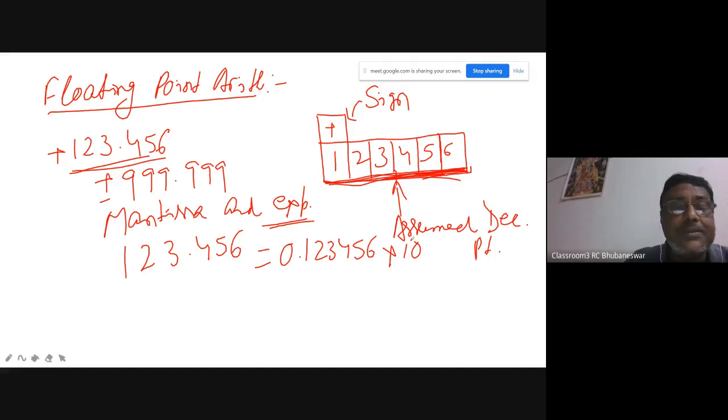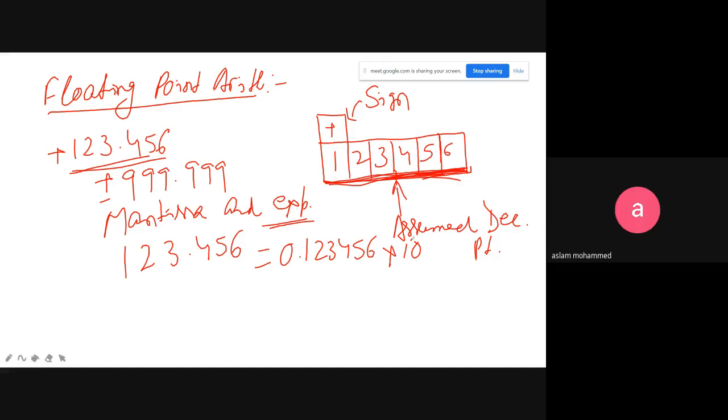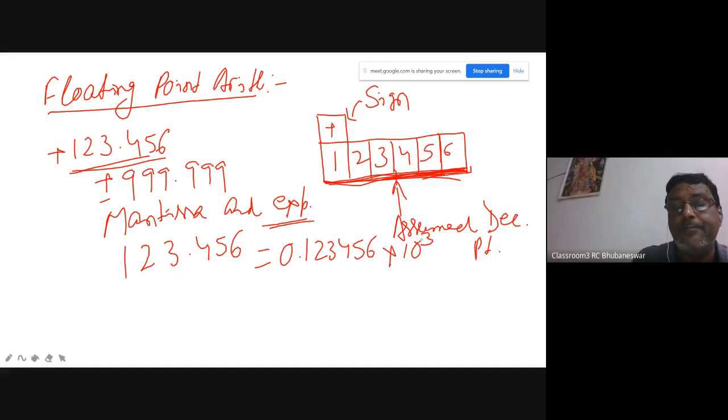As this is a decimal number system, the base is 10. So this will be 0.123456 into 10 to the power 3.